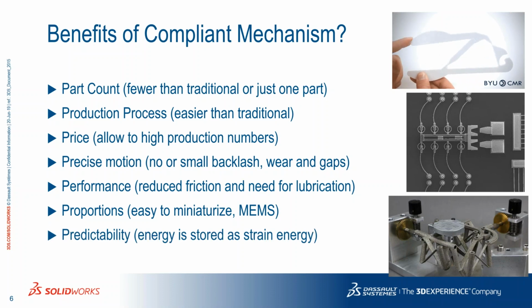Also predictability is a good thing here because the energy is stored as strain energy. So we have very specific, very known values from the beginning. We know how much energy can be stored, and so it's highly predictable.